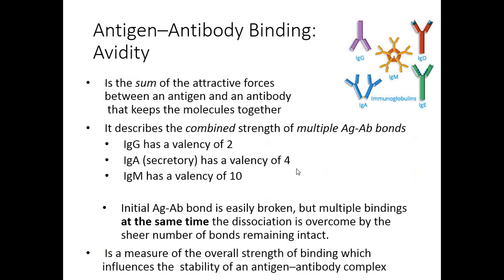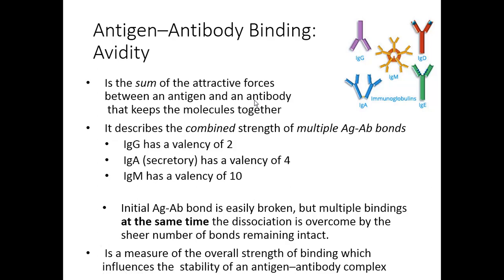Let's turn to avidity. With avidity, we're no longer looking at that initial antigen-antibody binding. What we're looking at is the combined strength of all of the forces that keep the antigen-antibody molecules together. So it's the sum of all the forces between an antigen and an antibody that keep that molecule together.